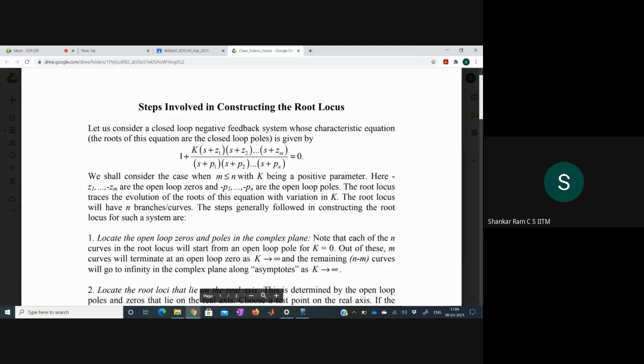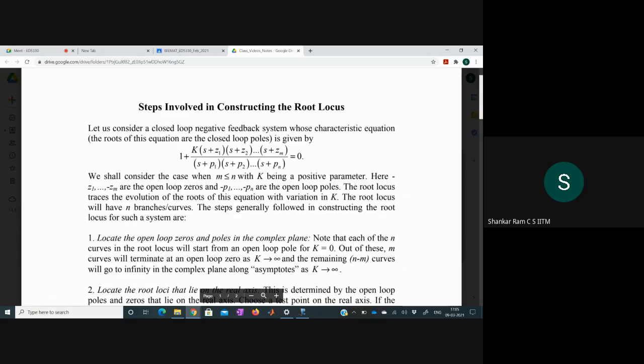So let me begin today's class with a brief recap of what we were discussing, and then we'll go forward, right? If you recall, we were looking at the root locus, and the main feature of the root locus is that we are able to obtain a graphical visualization of the variation of the closed loop poles as we vary a system parameter.